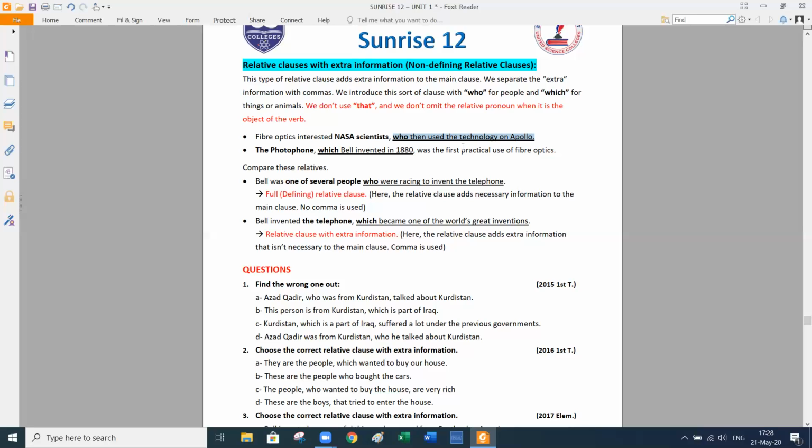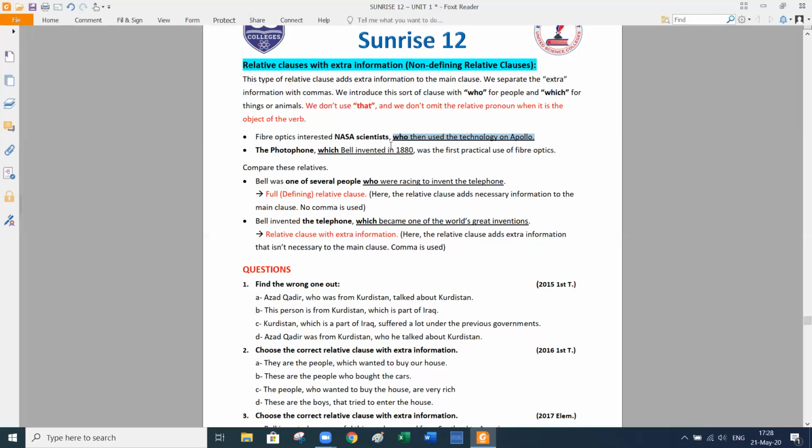This is something else. It doesn't contribute to the meaning of the first part, the main clause. It doesn't change the meaning. It doesn't complete the meaning. This is something else, extra, who then used the technology on Apollo.